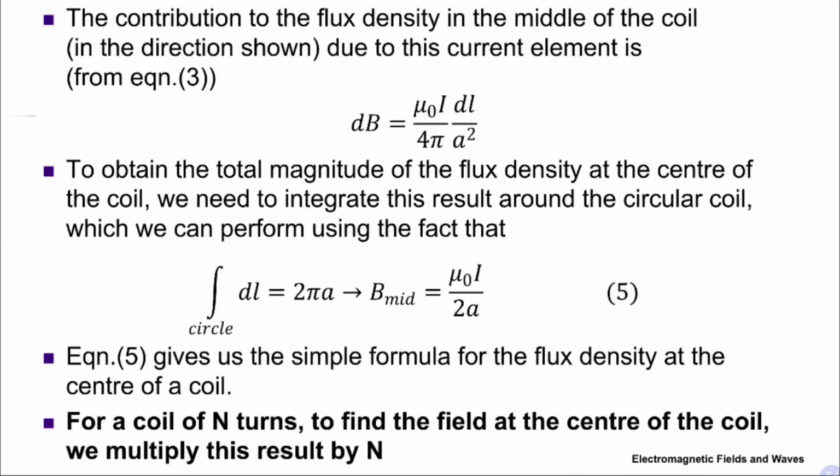And to find out the overall at the midpoint, we basically sum around the circle. So to integrate dl over a circle, that will be equal to the perimeter of the circle, which is 2 pi a.